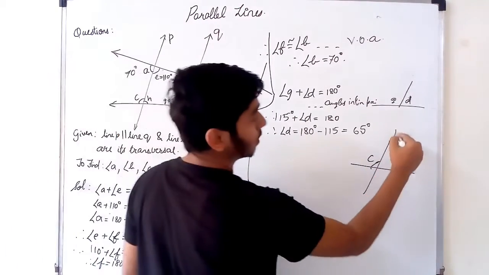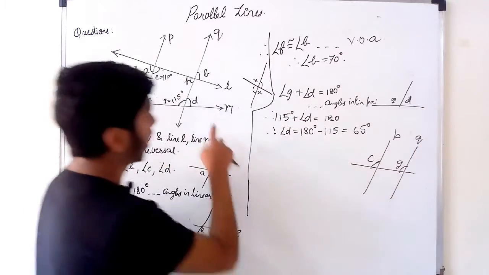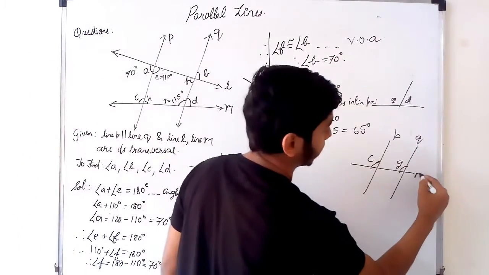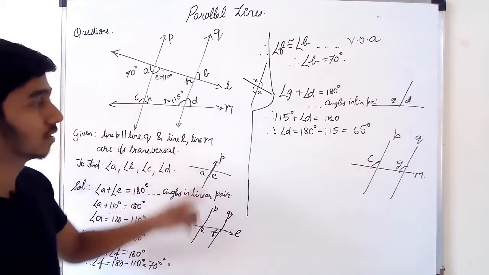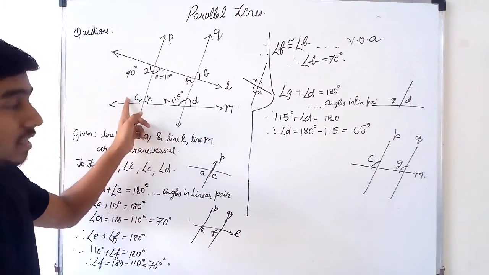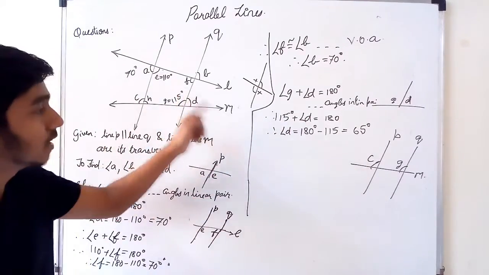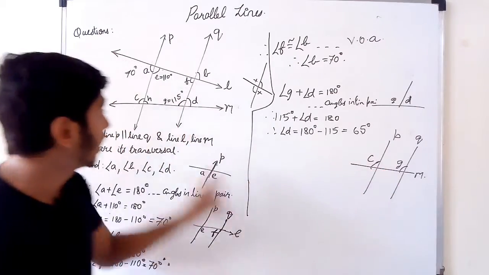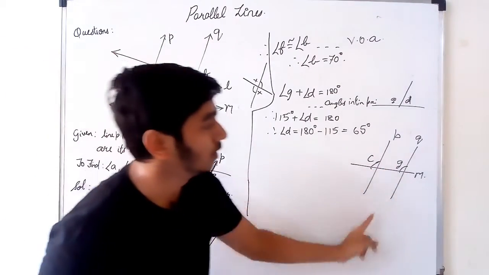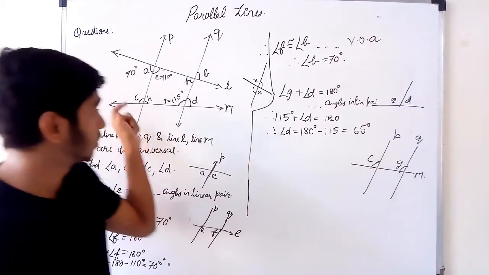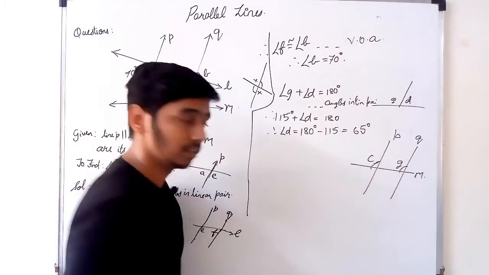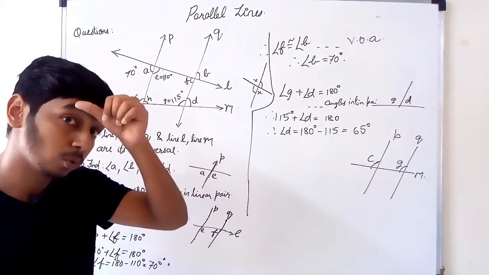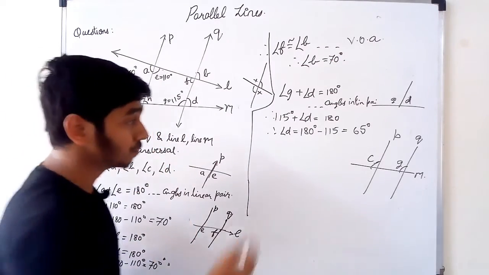See, this is P, this is Q, and this line is M. If you ignore line L, C is this angle and G is this angle, and if you see P and Q are parallel and M is the transversal, correct? So we can say that C and G are congruent. Yes or no?